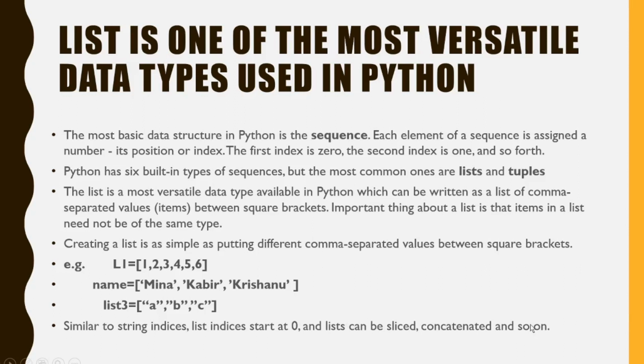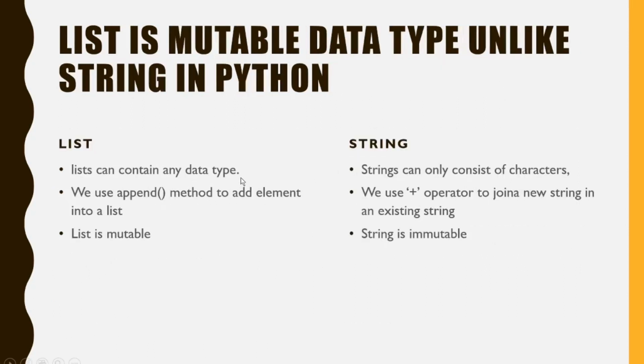So there are many differences and many similarities between string and list. List is a mutable data type, unlike string in Python. As we have already discussed, mutable means you can change the data, and immutable means you cannot change the data.